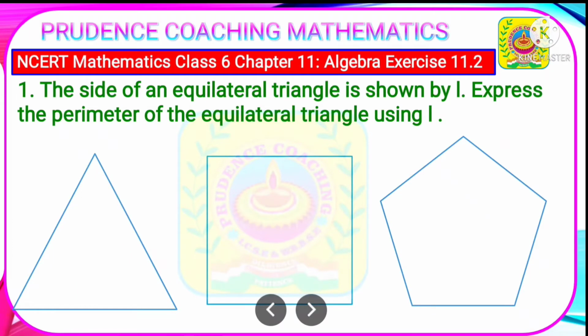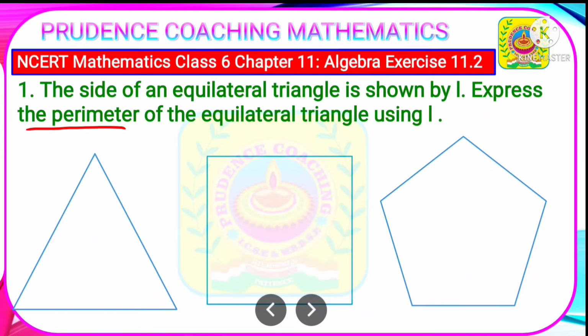So my dear students, before starting with the sum, let us know the meaning of the word perimeter. We have taken 3 examples. You can see figure 1 is an equilateral triangle, next one we have a square, and next one we have a polygon, that is a pentagon, as we have 5 sides here. The word perimeter means the sum of the outer boundary.